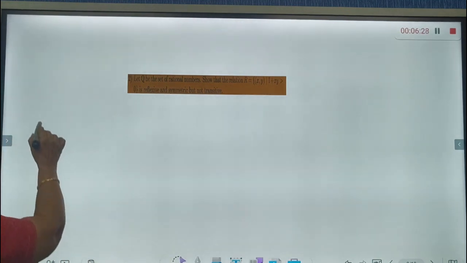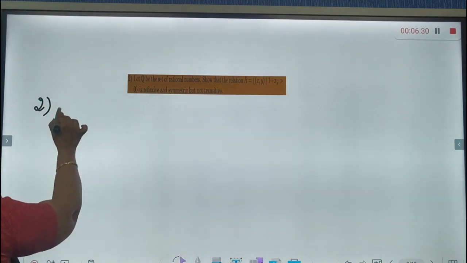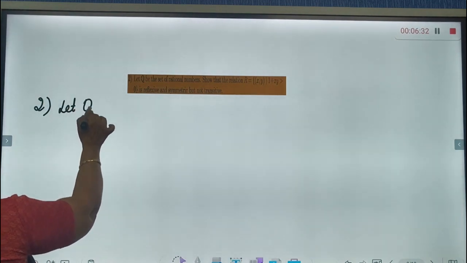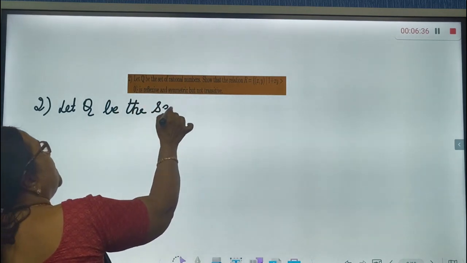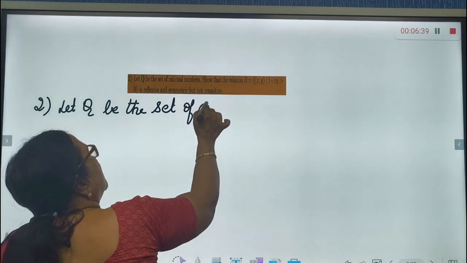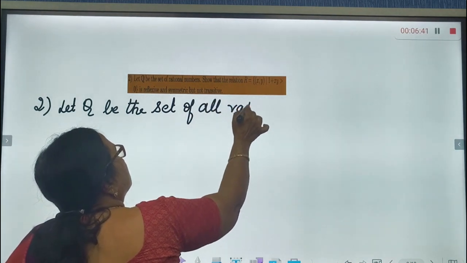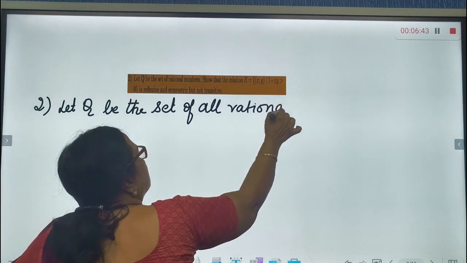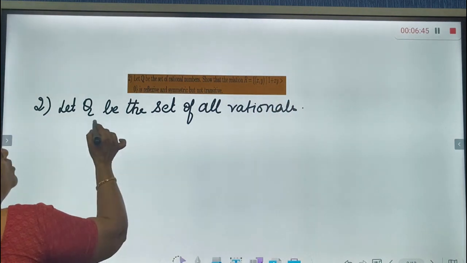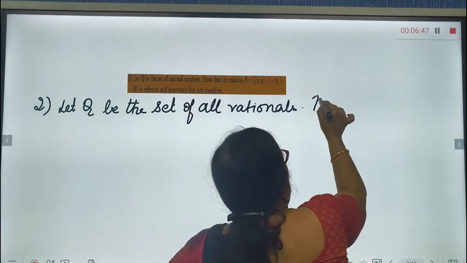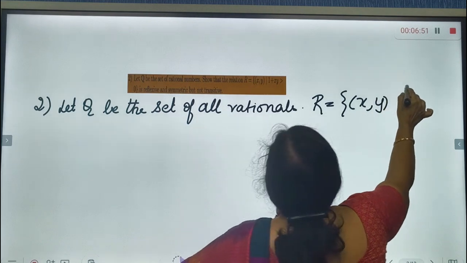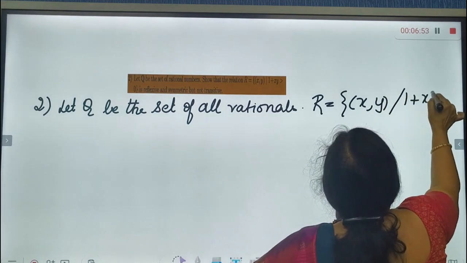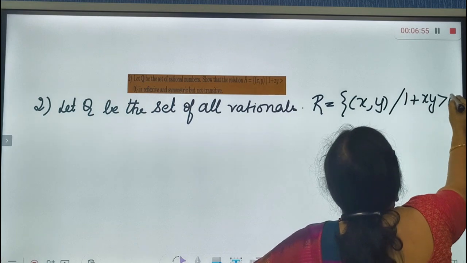Next question. Let Q be the set of all rational numbers. Now, R equals the set of all (x, y) such that 1 plus xy is greater than 0.